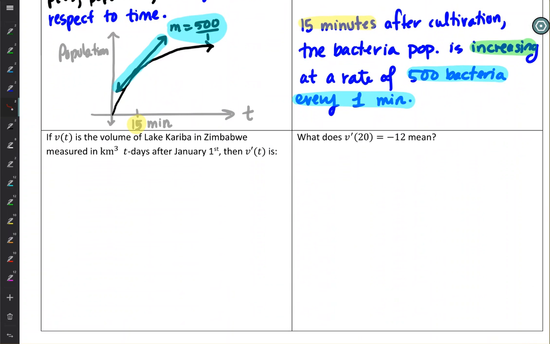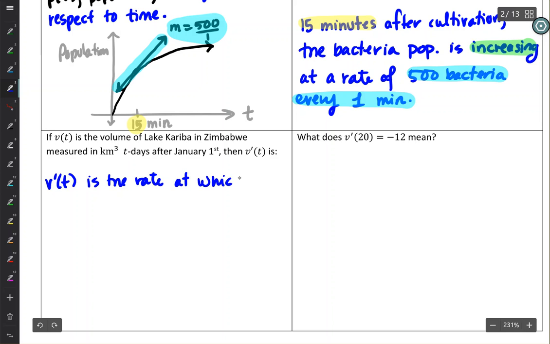So here, V of t is the volume of Lake Cambria in Zimbabwe, and it's measured in cubic kilometers, t days after January 1st. Then what does V prime of t mean? V prime is the rate at which what changes?